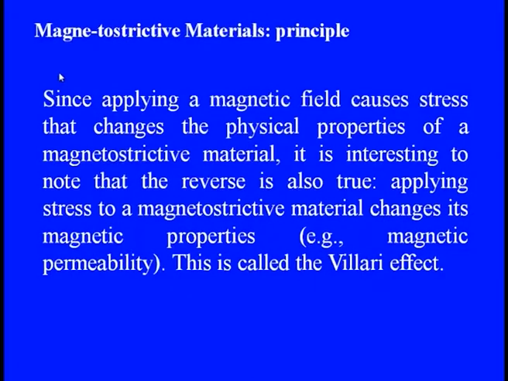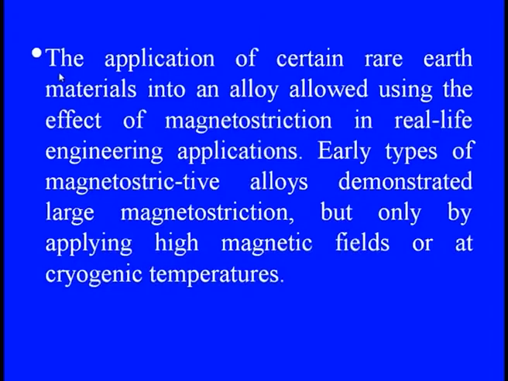when we apply stress to the magnetostrictive material and look at the changes in its magnetic properties like the permeability, we can see what the reverse effect is, and this effect is sometimes called the Villari effect. So, the application of certain rare earth materials in the alloy, allowing use of this effect of magnetostriction in real-life engineering applications, is really significant.